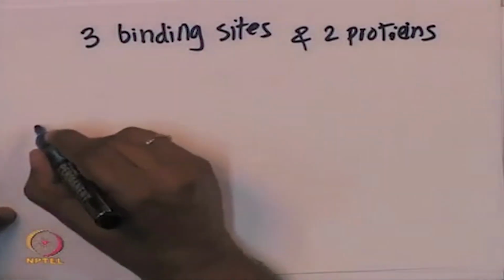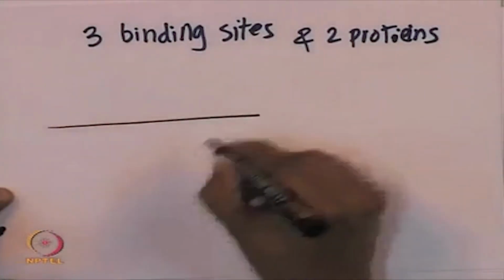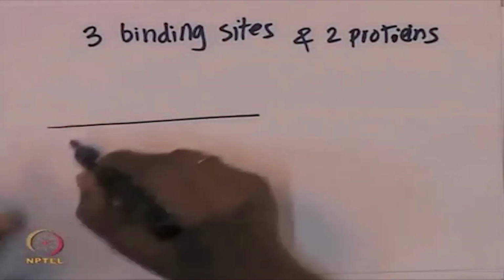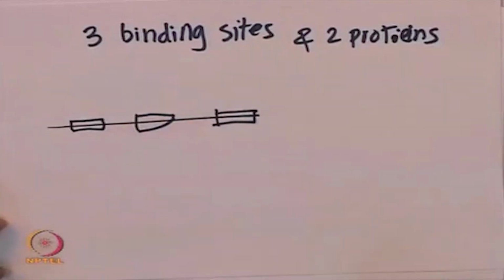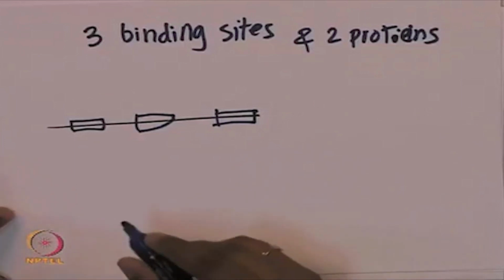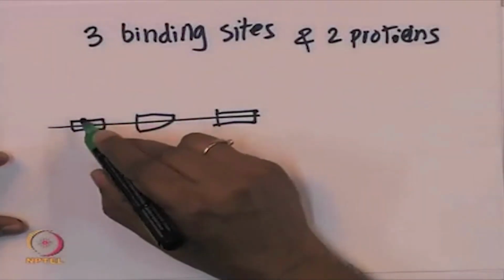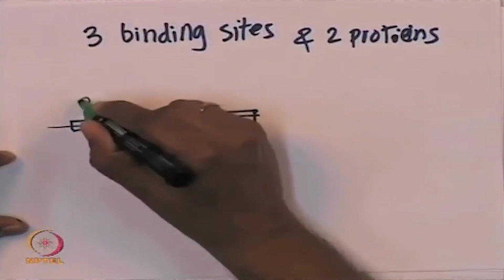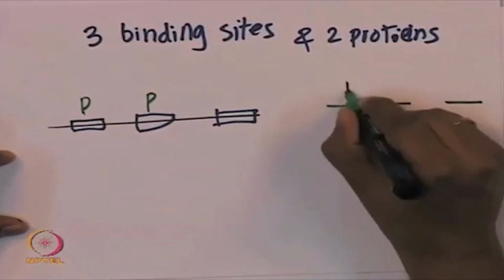So, we have this DNA, and let us say this is one binding site, this is another binding site, this is another binding site. Now, what are the possible arrangements? There are 2 proteins only, so the proteins can bind here and here. Out of these 3 places, 2 have proteins bound.